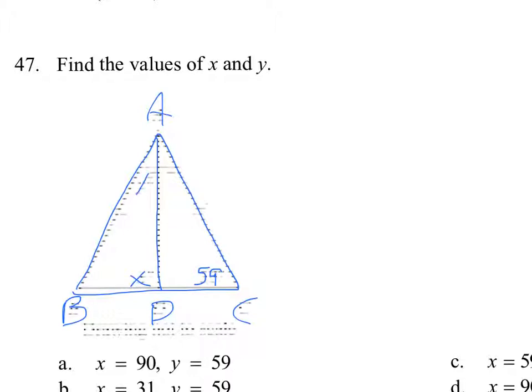Then we have Y. Now, these two segments are congruent, and these two angles are equal to each other. So basically what we're saying is if we look at the triangle ABC, this large triangle, this angle right here is congruent to this angle. So this is 59 degrees.